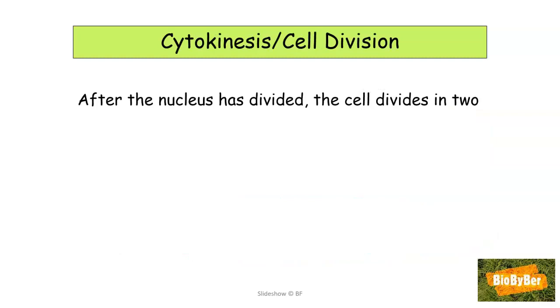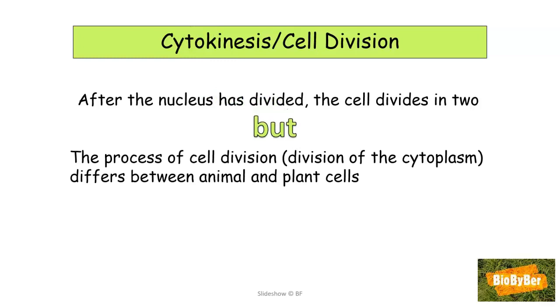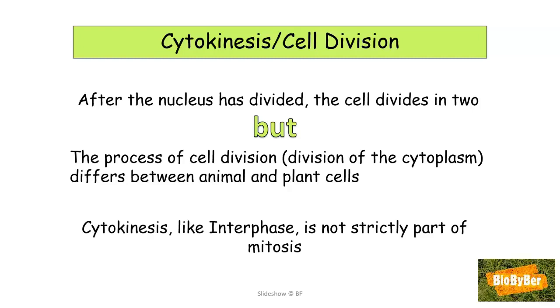After the nucleus has divided, therefore, the cell will divide in two, or the cytoplasm will divide. However, the process is different between animal cells and plant cells. Don't forget, cytokinesis, strictly speaking, like interphase, is not strictly part of mitosis.